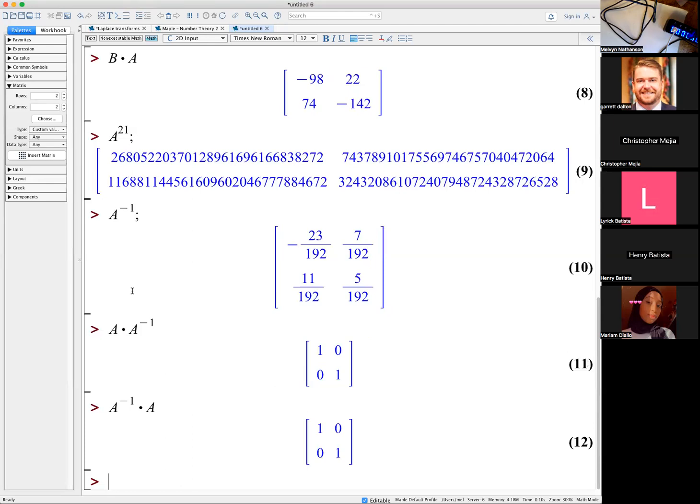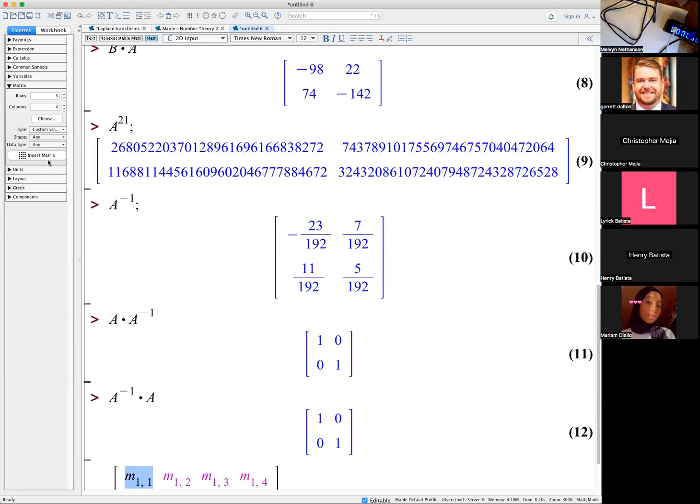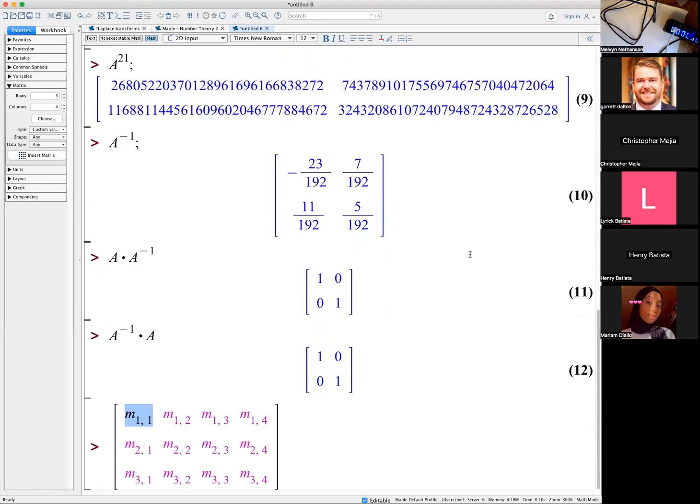If you wanted a 2 by 3 matrix, or let's make it a 3 by 4 matrix, I change the number of rows to 3, change the number of columns to 4, and I put the cursor where I want to insert the matrix. And there it is.